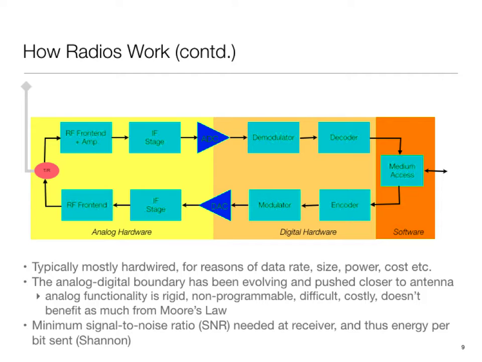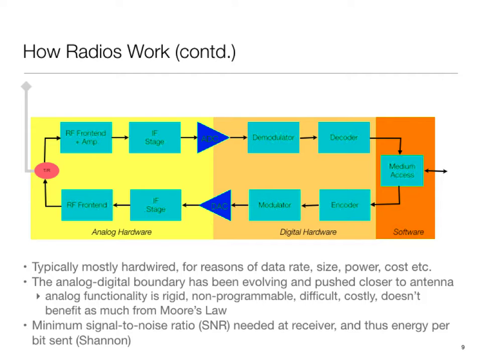This is a very hardware-centric view. What's been happening in radios is that there was a time when everything to the left was probably analog, but then gradually that boundary of analog to digital keeps getting shifted. Here I have shown it as soon as we leave the baseband, before what is called an intermediate frequency stage.